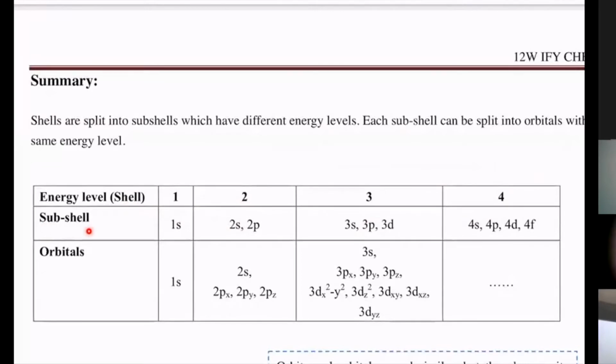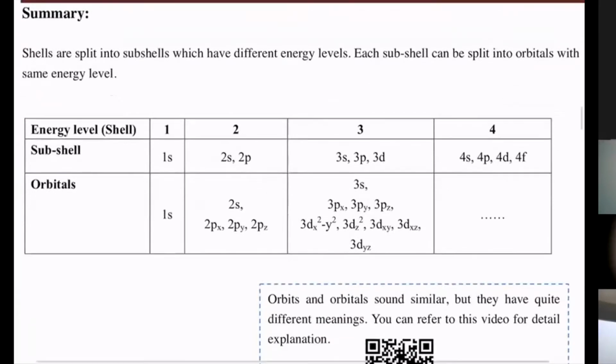For the subshell, we are discussing 1s, 2s orbital, 2p orbital, 3s orbital, 3p orbital, 3d. And then for 2p, we could describe it as 2px, 2py, 2pz, and then 3px, 3py, 3pz. For d orbitals, we're not going to discuss the shape, so I just list it here for your information. If you want to learn more, you could search online.